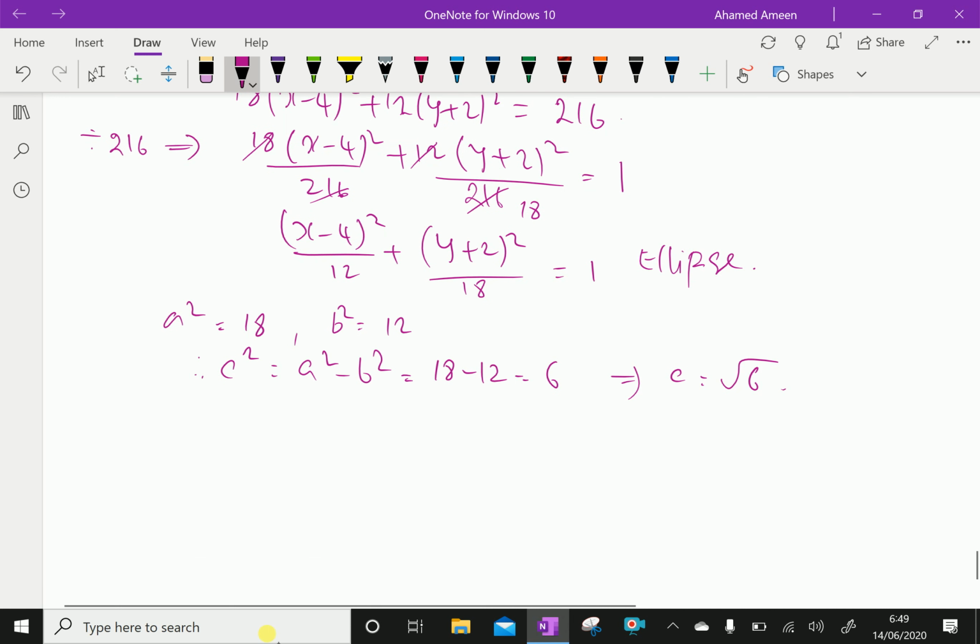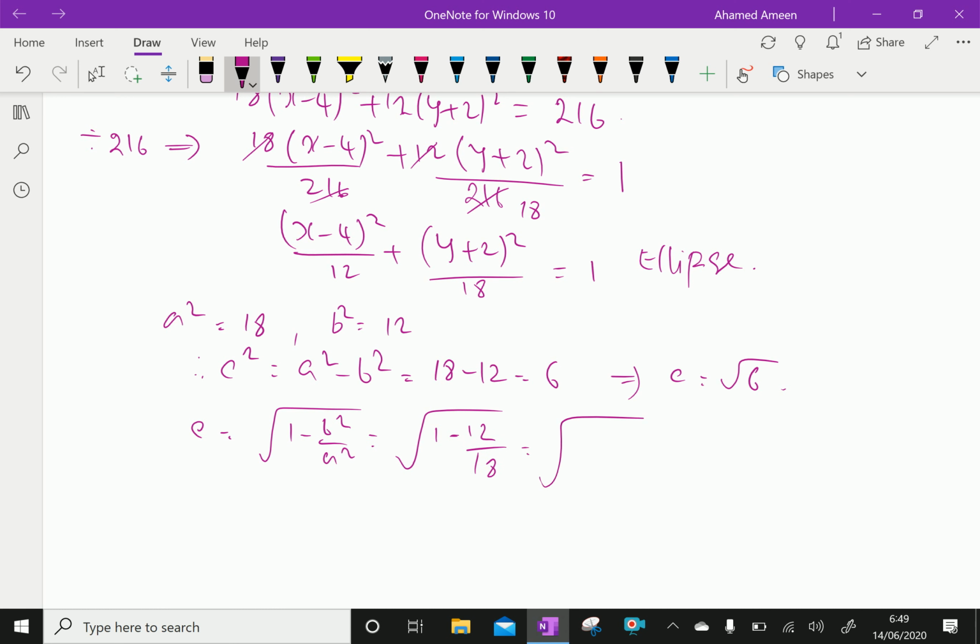Now eccentricity e is square root of 1 minus b square over a square, equal 1 minus 12 over 18, which is further 1 minus 2 over 3, with 3 as LCM, 3 minus 2, which gives 1 over 3 the square root.